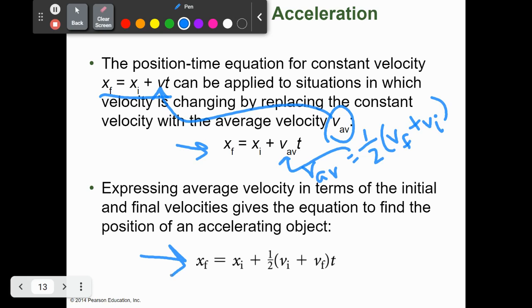So expressing the average velocity in terms of initial and final velocity gives us the equation, and this is what you want to write down, for finding the position of an accelerating object. To find the final position of an object that is accelerating, you need to take its average velocity times its time and add that to its initial position.